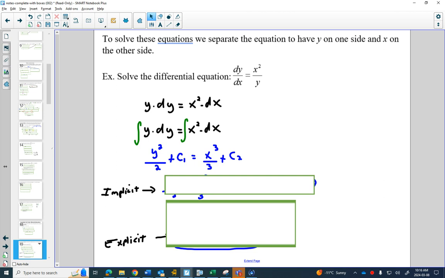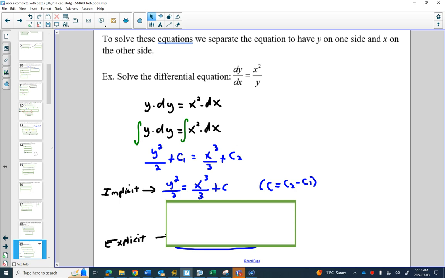So we'll have y squared over 2 on the left-hand side plus c1, and x cubed over 3 plus c2 on the other side. And you could leave it like this. Of course, you could put the c1 and the c2 together just to be c, because they're both constants, so together there's some other constant.